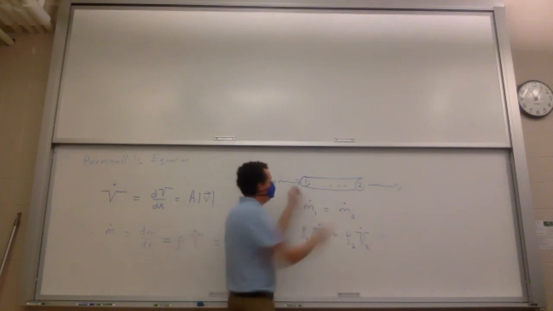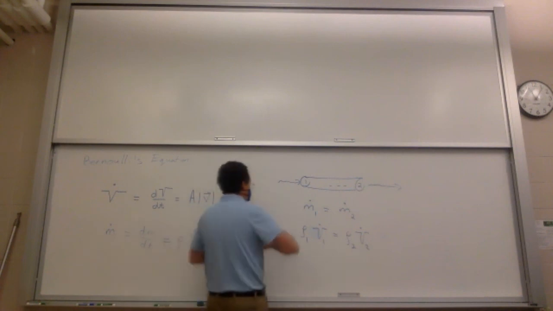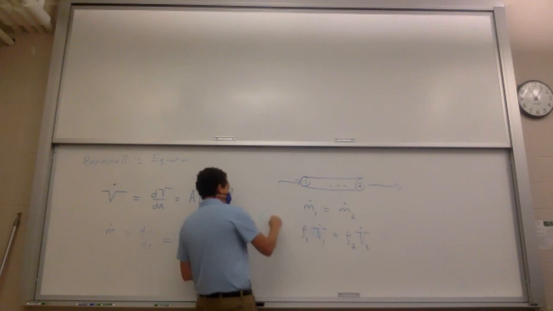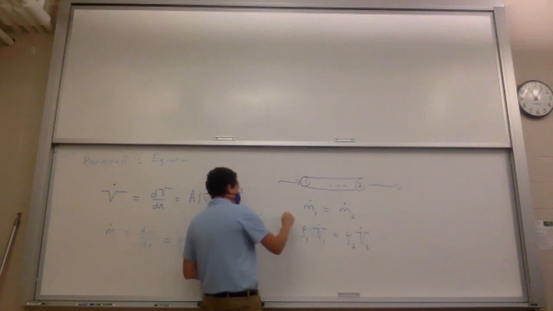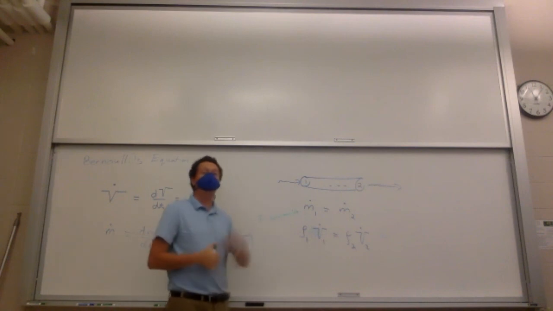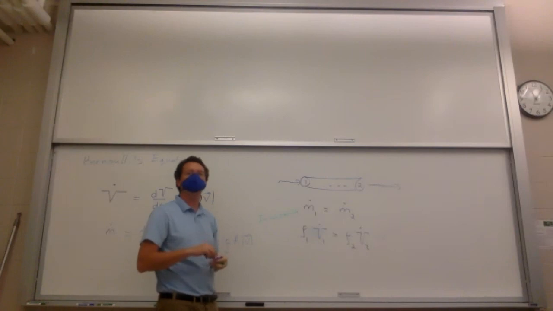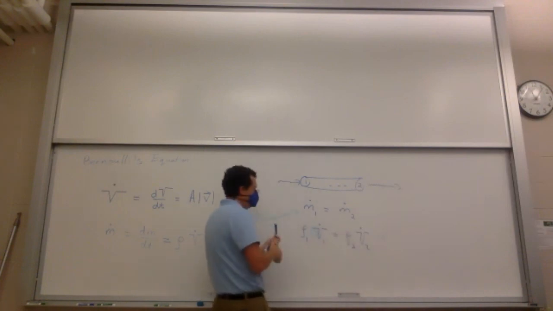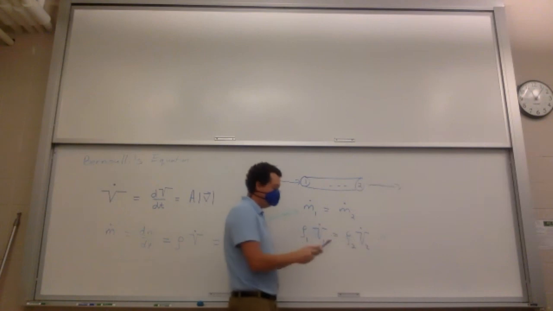If that can't happen, then the densities are the same if it's incompressible. I'll write that here. Incompressible. You really don't need that, you really just need that it's the same, but incompressibility is going to be an assumption that does that for us. Then that would mean that these are the same, so you can just cancel them and get that V dot is the same.